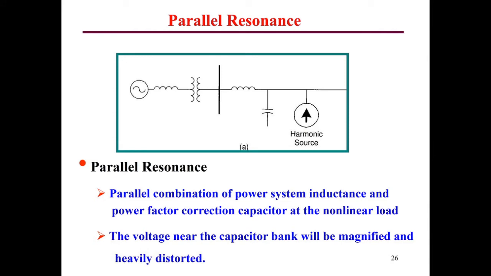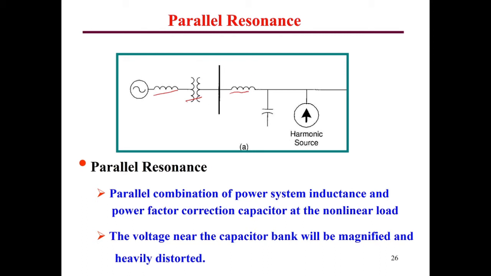For example, let us see this figure. Over here we have a source of the harmonic, we have the capacitor bank, then we have the impedance of the transformer, and that is the source impedance. This is also another impedance. So over here we have a capacitor bank in parallel with the system impedance.